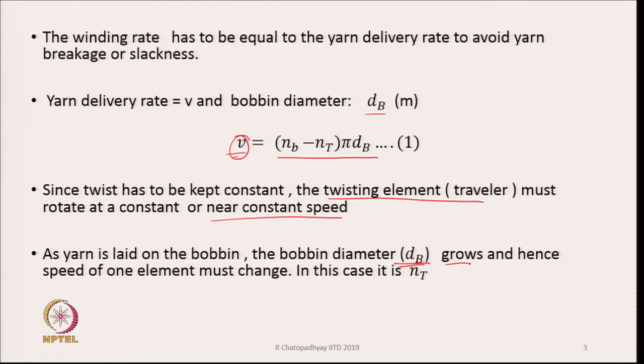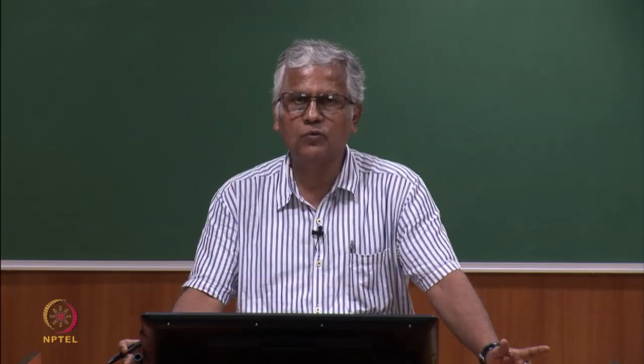So, the bobbin speed is constant and the bobbin is fixed on the spindle, and therefore we keep the spindle speed constant, and we get the bobbin speed to remain constant. The traveler speed keeps changing in order to wind the yarn that is being delivered from the front roller. This change in traveler speed gets adjusted automatically.